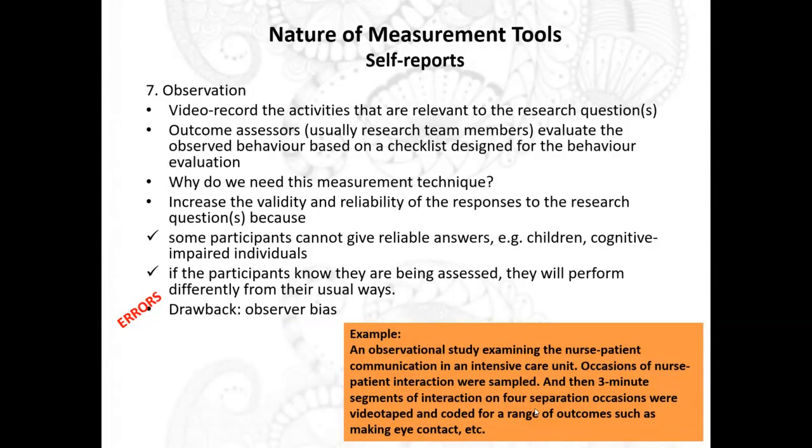They will follow pre-specified questionnaires about communication and watch the video. After watching the video, they will give a rating on each item on the communication checklist according to their expertise and understanding about the nurse-patient relationship. That is the way they do observations.